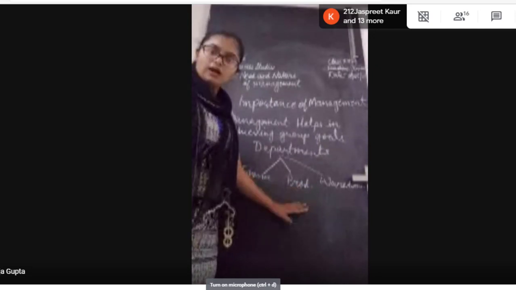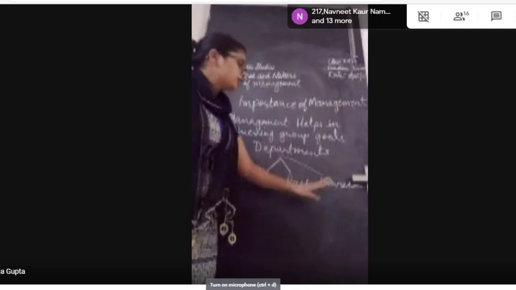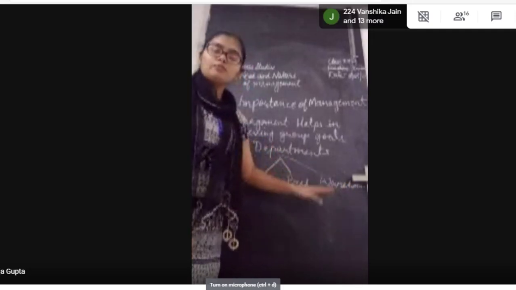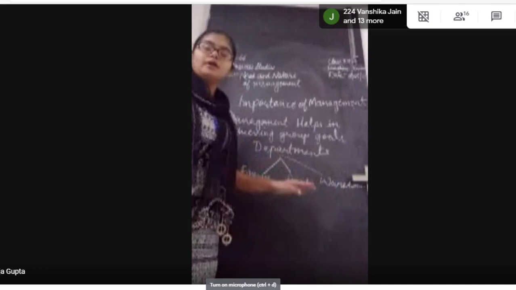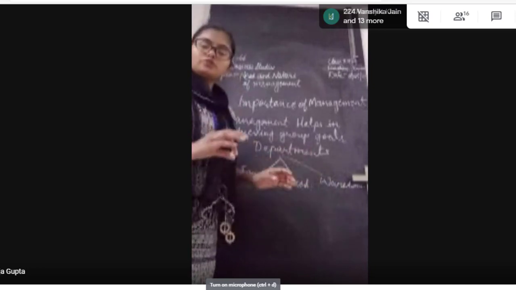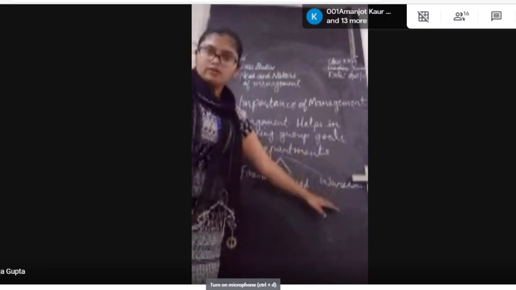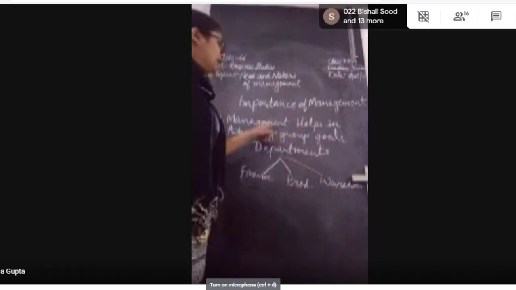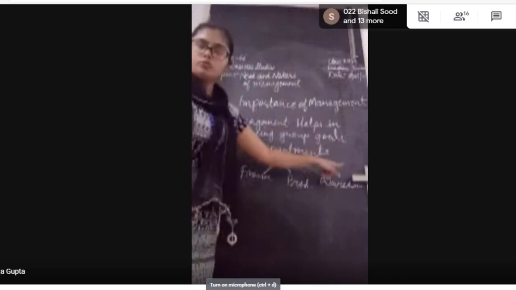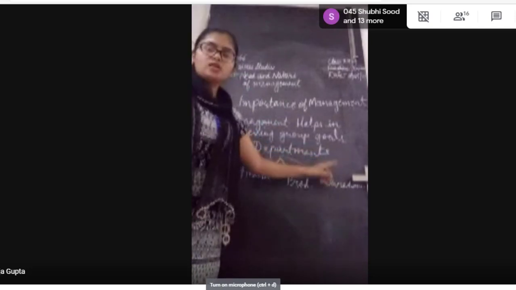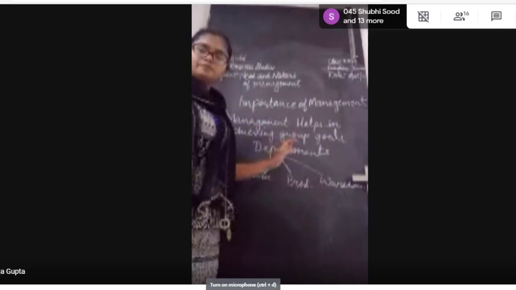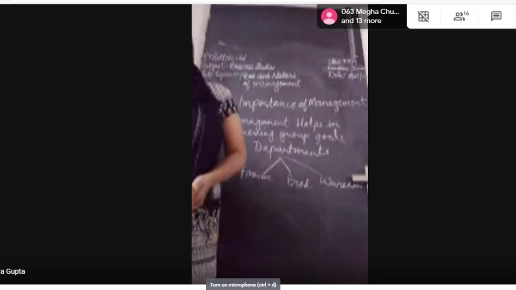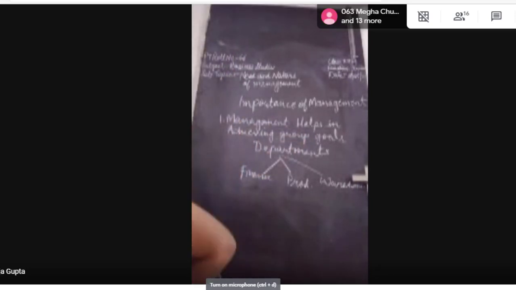And the warehousing department facilitates that proper distribution and proper storage of the goods is done. So when there is proper management, it helps in achieving the group goals. Okay students, have you written this point? Yes, ma'am. Okay, very good.